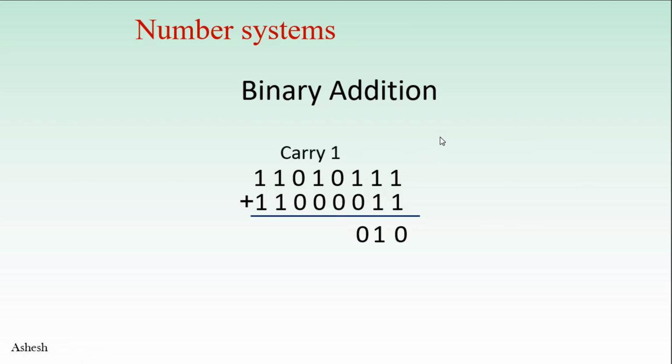We have carry 1. 0 plus 0 is 0, and 0 plus carry 1 is 1. We have no carry, so 1 plus 0, 1. 0 plus 0 is 0. Again, 1 plus 1, 10. We write down 0. We have carry 1. 1 plus 1, 10, and 10 plus carry 1 is 11.